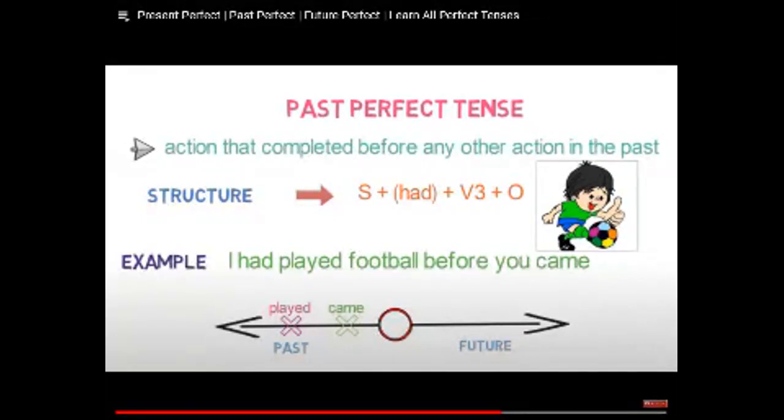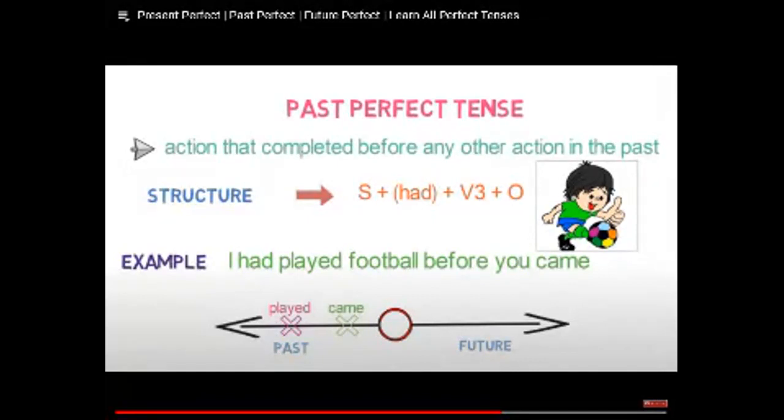If I talk about the structure of past perfect tense, you can see subject plus helping verb. Which helping verb is written here? The helping verb written here is had. In present perfect, we were using has and have, but in past perfect, we are using had with the verb's third form and object.